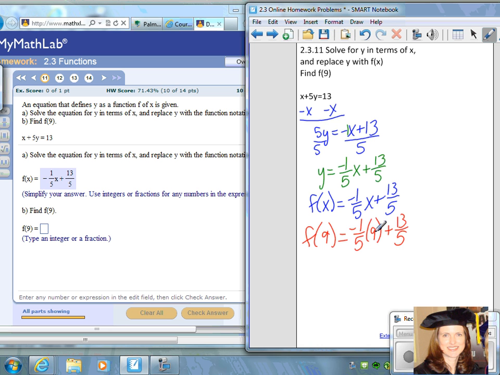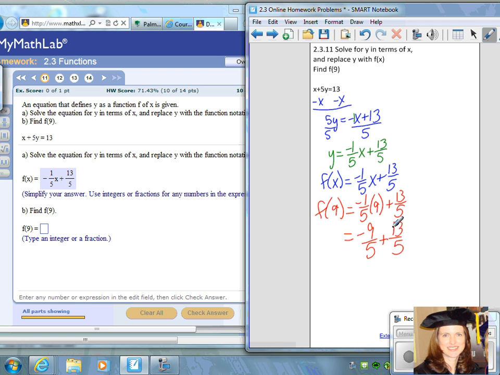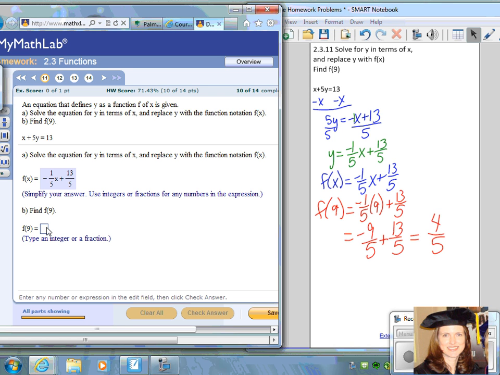Negative 1/5 times 9 is negative 9 over 5 plus 13 over 5. We can add these together because we have a common denominator. We simply add the numerators. Negative 9 plus 13 is 4 over 5. We've evaluated the function for the given value.